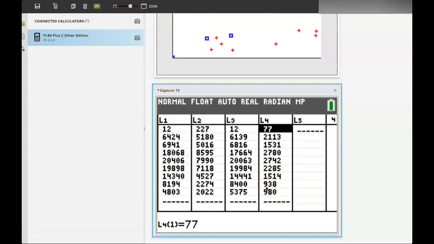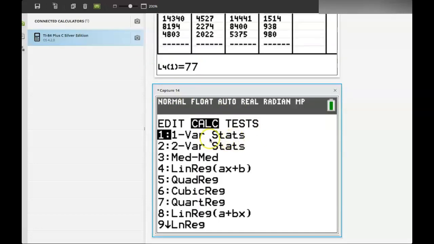So we have all this data. And then press stat. Calculate. Now choosing number 4, enter.